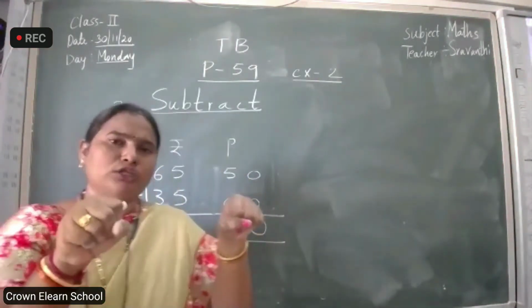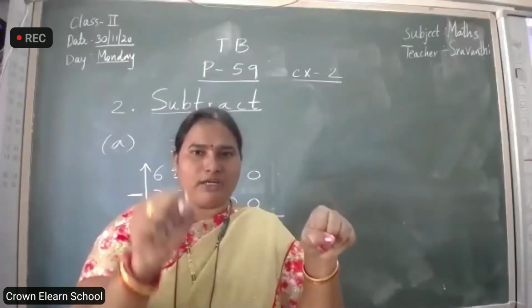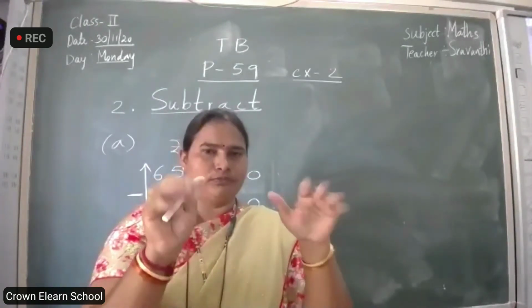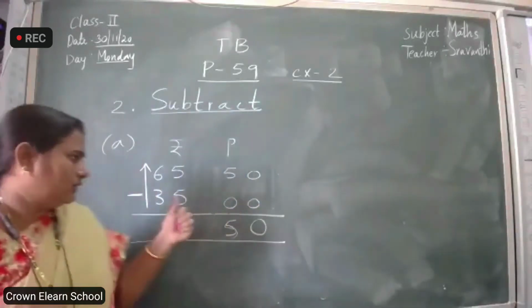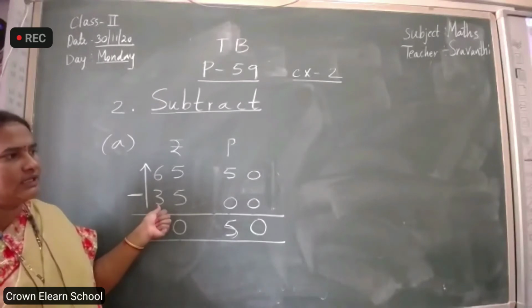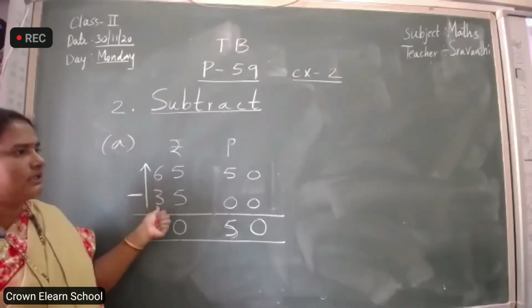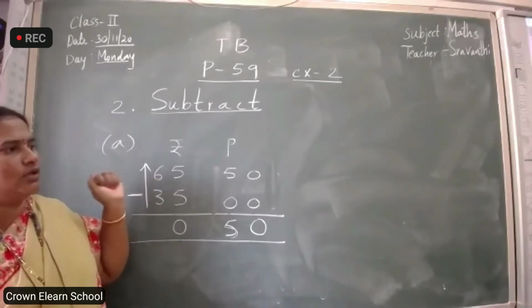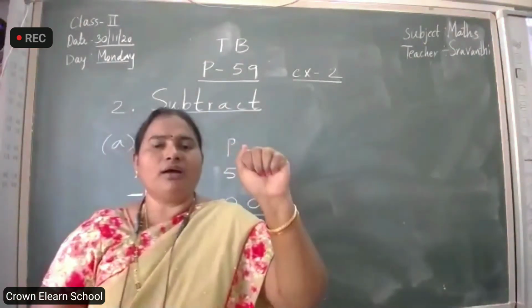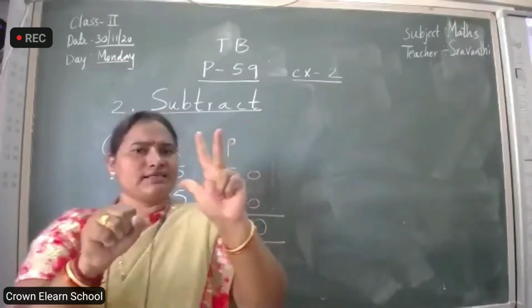You already know the process. You have done many sums in term 1. What is the number given down? 3. 3 after, till you get 6. 3 after, 4, 5, 6.